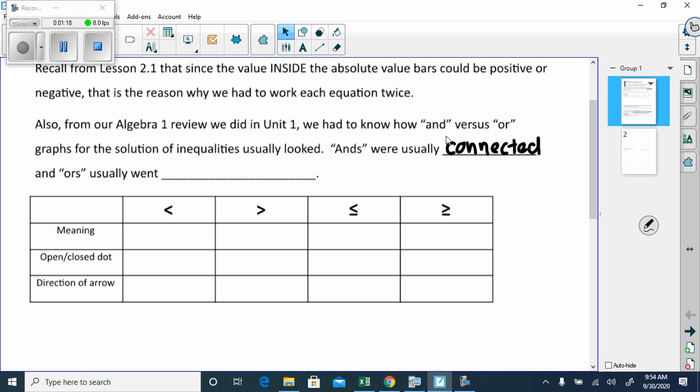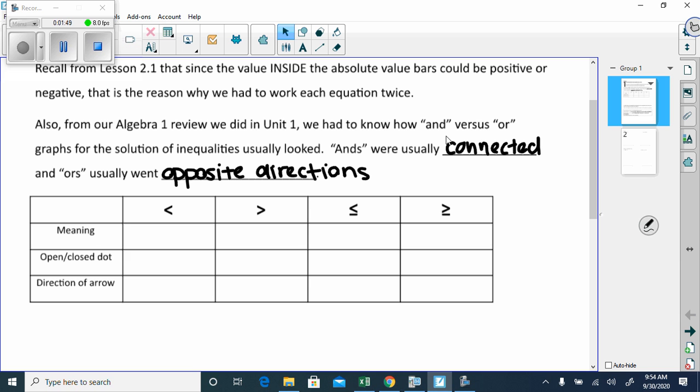And for the ORs, that's when our arrows were going opposite directions, right? And they also want us to fill in this chart to make sure we remember what these symbols mean and what they do for our number line.